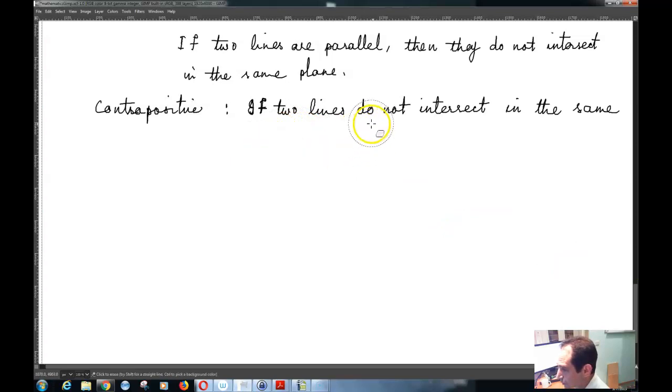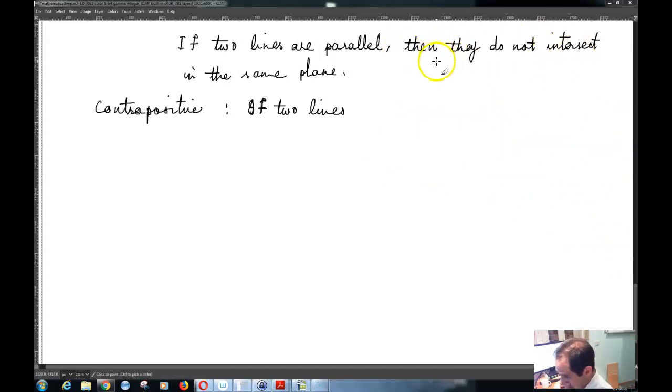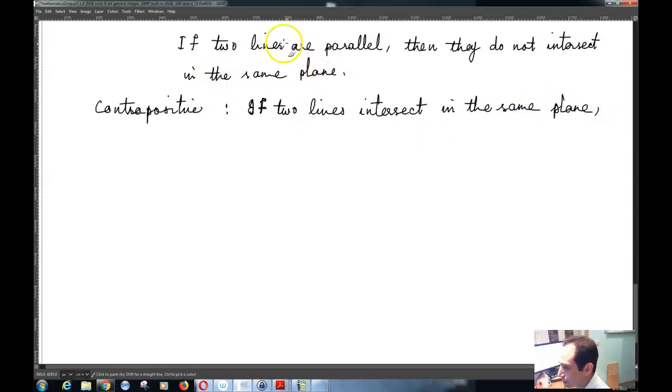So basically, you have to write the negation of this statement, meaning that instead of do not intersect, you have to say intersect in the same plane, then they are not parallel.